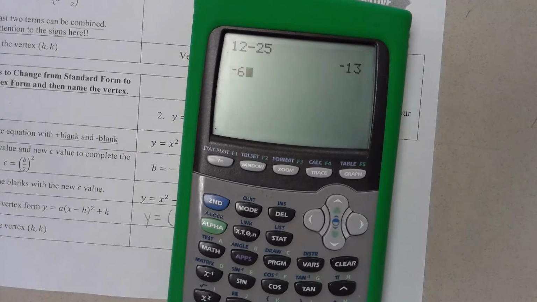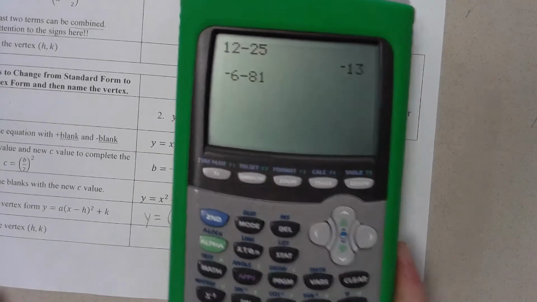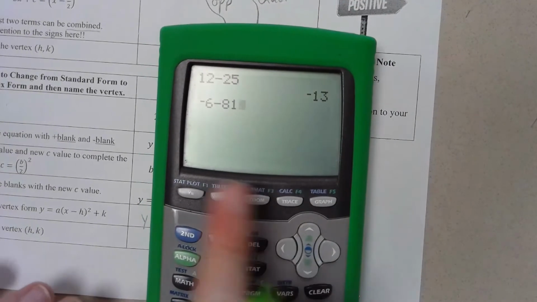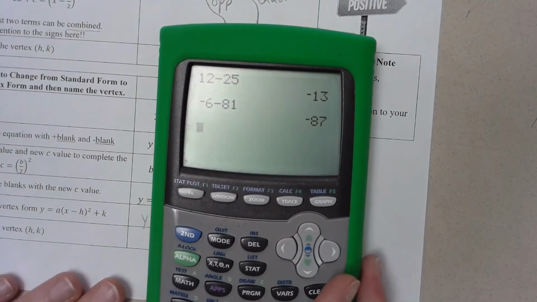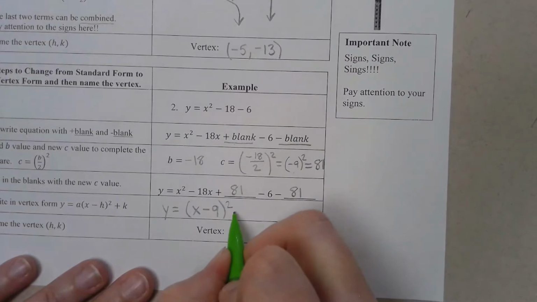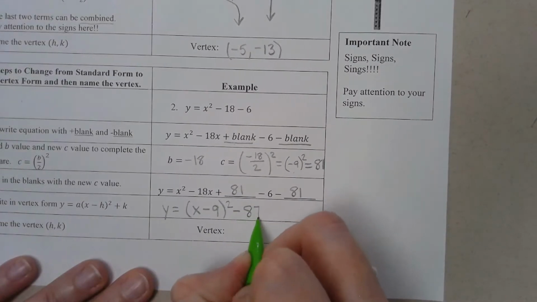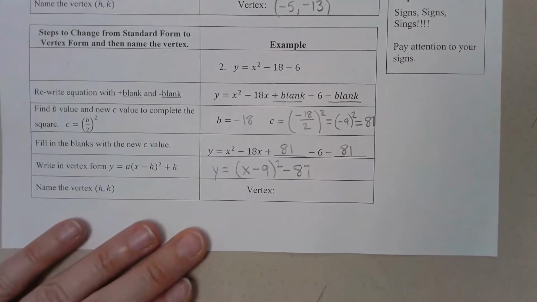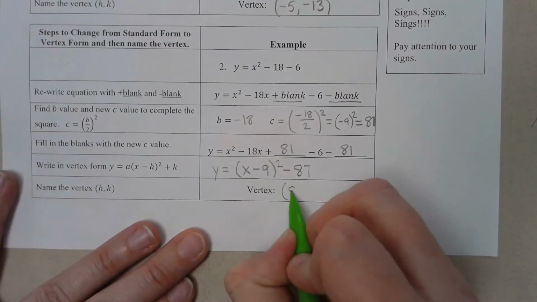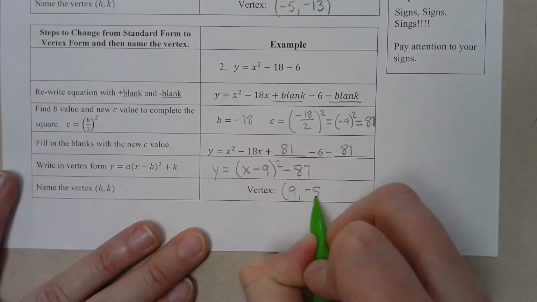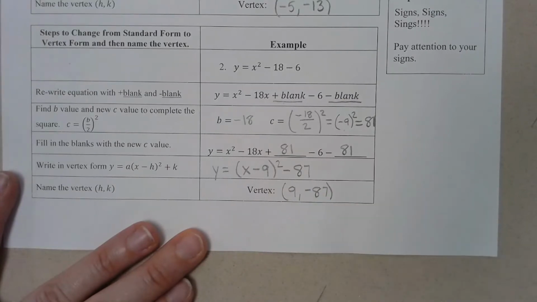So negative 6 minus 81. Yes, making sure again that we're careful with our signs. Negative 6 minus 81 is negative 87. In order to name our vertex, we use opposite and exact. So positive 9, comma, negative 87.